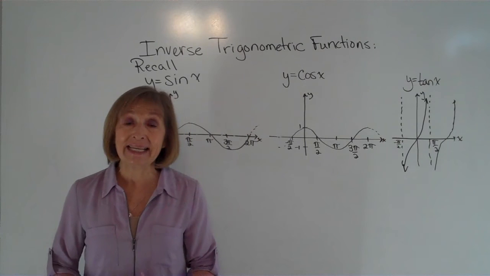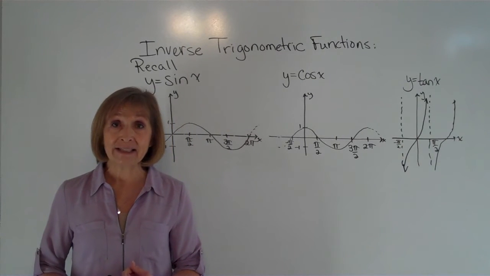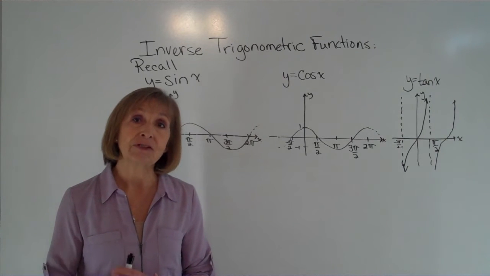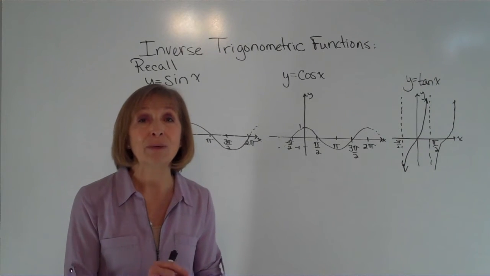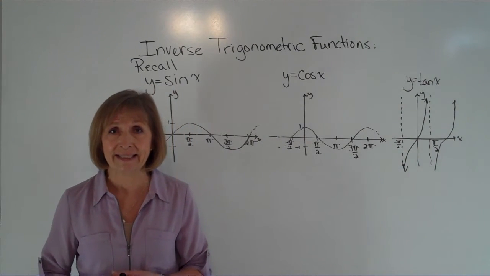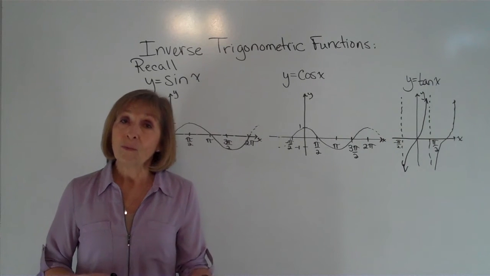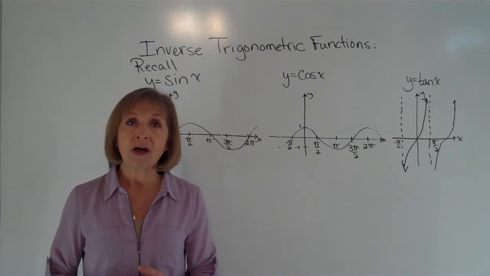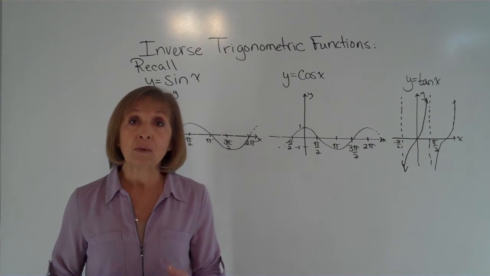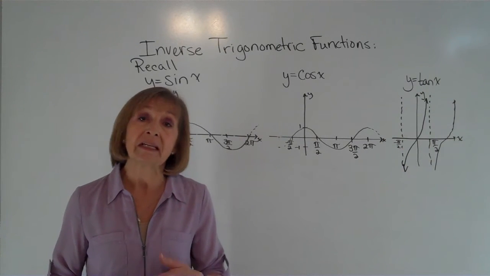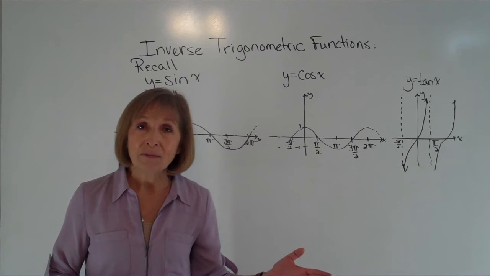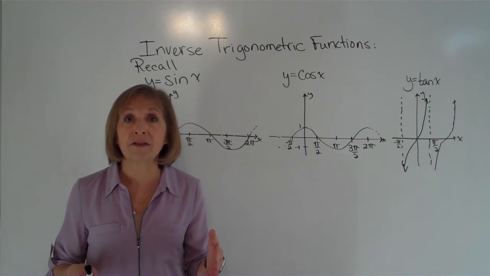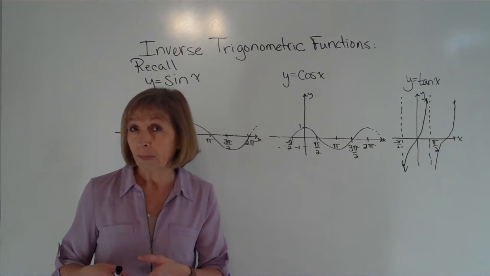That means that not only for every x there's only one y, but for a function to have an inverse that's also a function, for every y there's only one x. Now, when we looked at functions in general, we saw that some functions weren't 1 to 1 over the implied domain, but we could restrict the domain over a span where the function was 1 to 1.